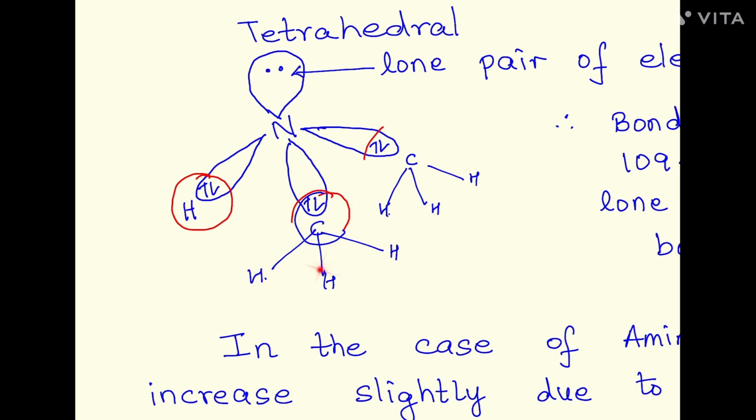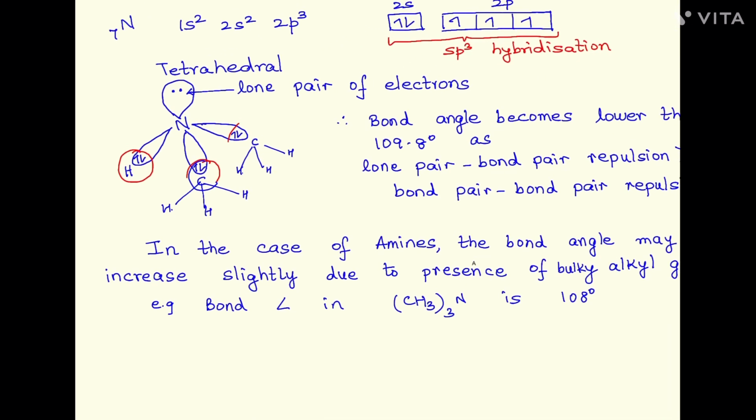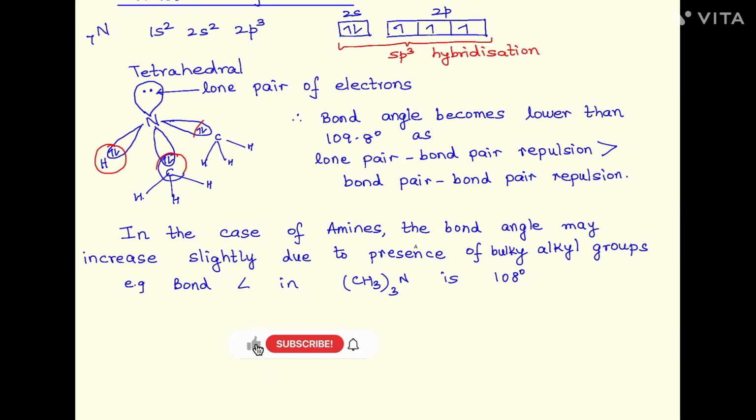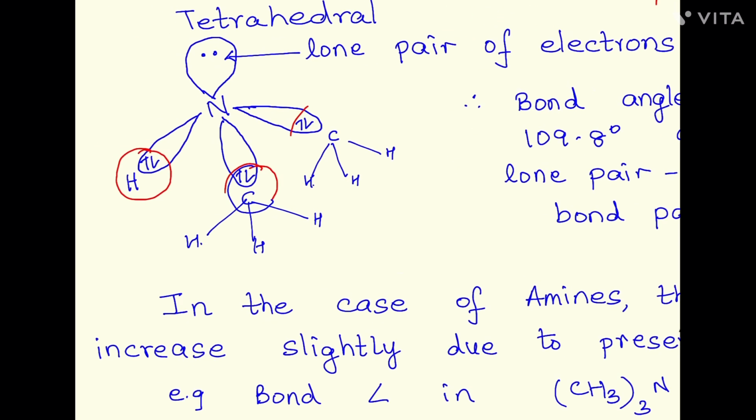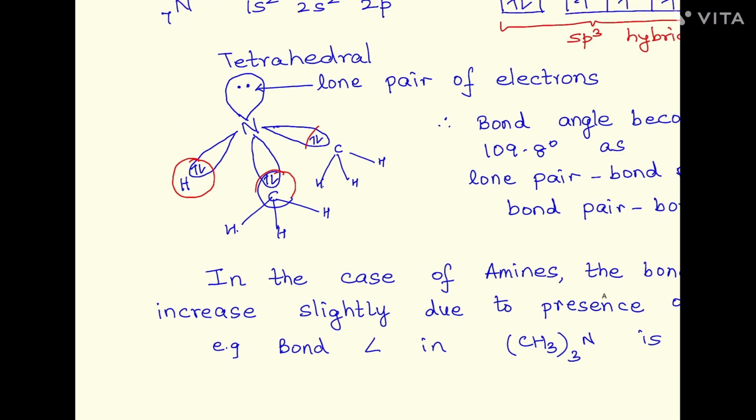The bigger this particular alkyl group, the more will be the repulsion, what we call the bulky groups repelling each other. So bulky alkyl groups. Now because these bulky alkyl groups will repel each other, the bond angle may slightly increase, but it definitely does not reach the tetrahedral bond angle.